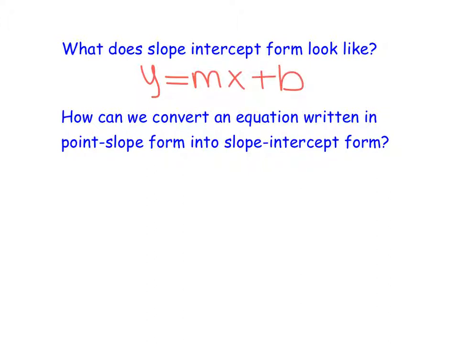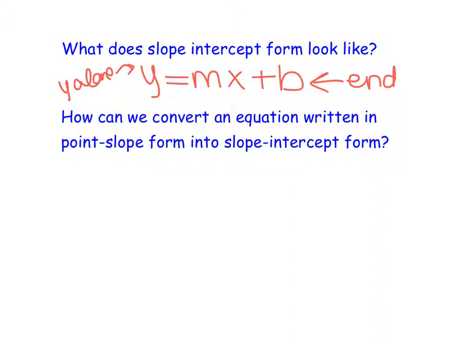Today our goal will be that we end in our slope-intercept form, where y is alone. So now we have to think about how we can convert an equation written in point-slope form into slope-intercept form.